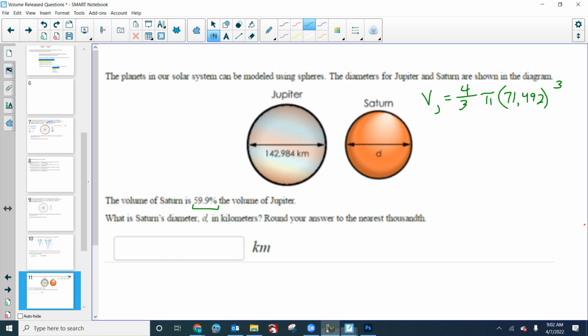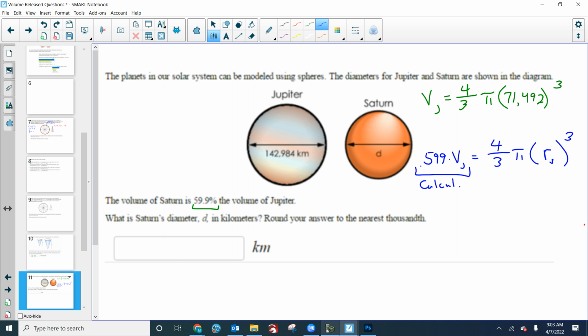So let me write down what I'm going to do. And then a lot of this work has to be in the calculator. 0.599 times the volume of Jupiter is equal to 4/3 pi r of Saturn cubed. So here's the plan. I know the volume of Jupiter. I know 59.9% of the volume of Jupiter. It's in my calculator right now.